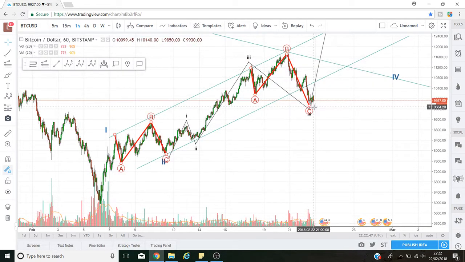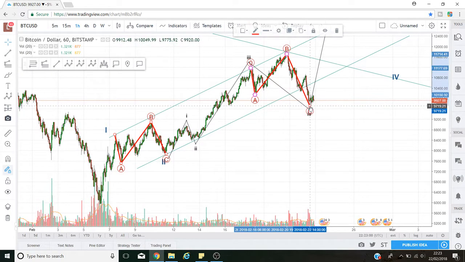It's an impulsive leg down. That's a 1, 2, 3, 4, 5. Again, wave 4 overlaps wave 1, meaning that it's a diagonal pattern, and I believe it's bottomed out here.